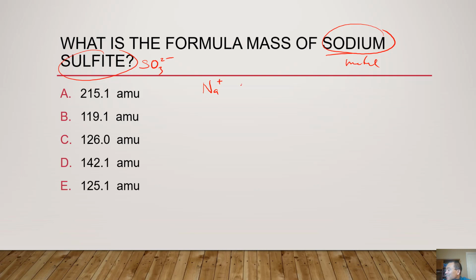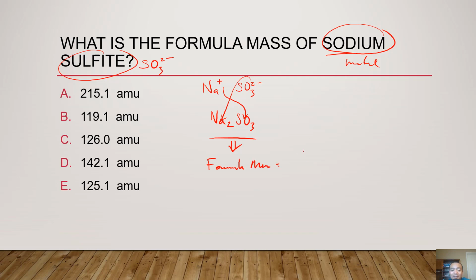You must be able to use the crossover rules, crossover the charges. So it's Na2SO3, where the 1 is not written. So now you write the correct formula.